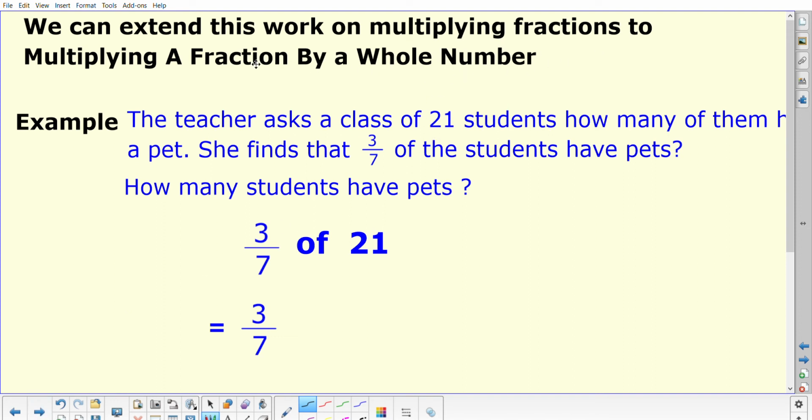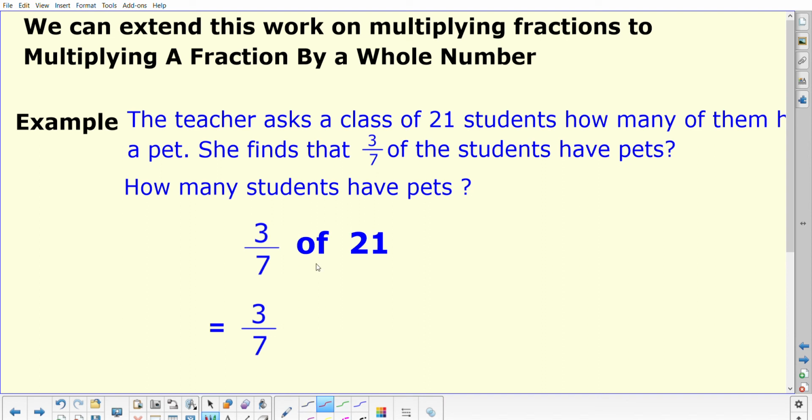Now, something else that links to this is that we can extend this work on to multiplying a fraction by a whole number. So this example here, a teacher asks a class of 21 students how many of them have a pet. She finds that 3/7 of the class have pets. So what you'd write down for that is 3/7 of 21.